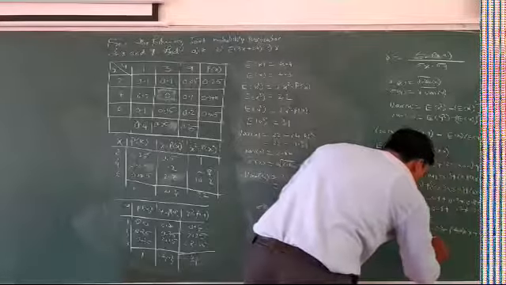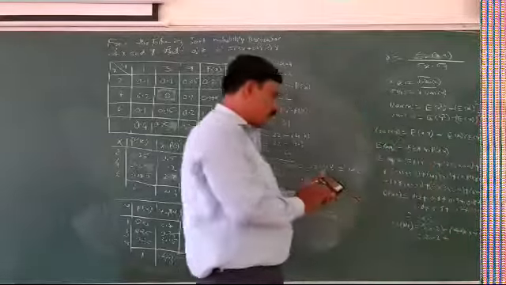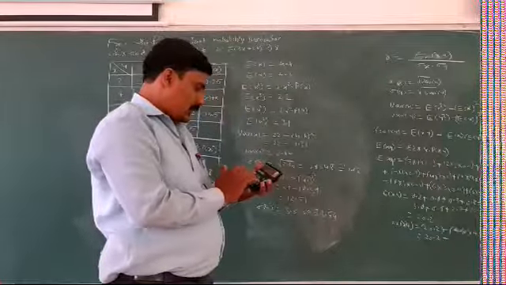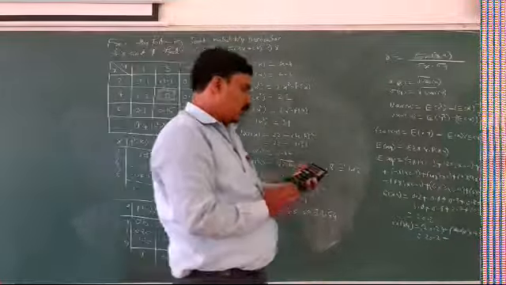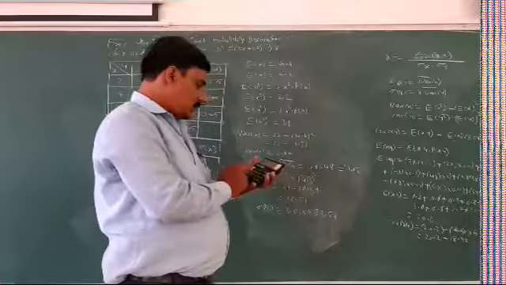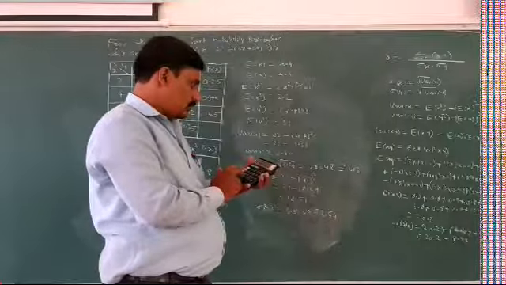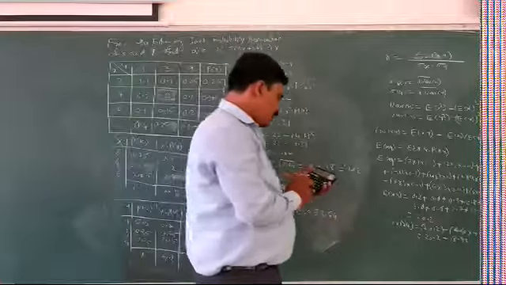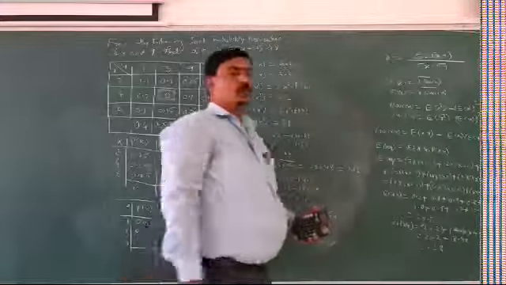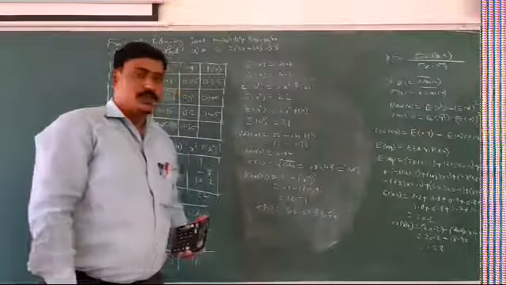So 20.2 minus 4.4 into 4.3, which is 18.92. So 20.2 minus 18.92 is equal to 1.28. So covariance of xy is 1.28.